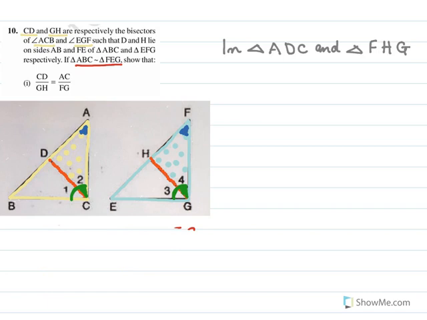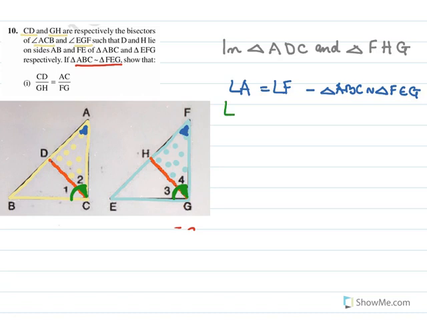So we go ahead and write this. So we have angle A is equal to angle F, and the reason was because triangle ABC was similar to triangle FEG.